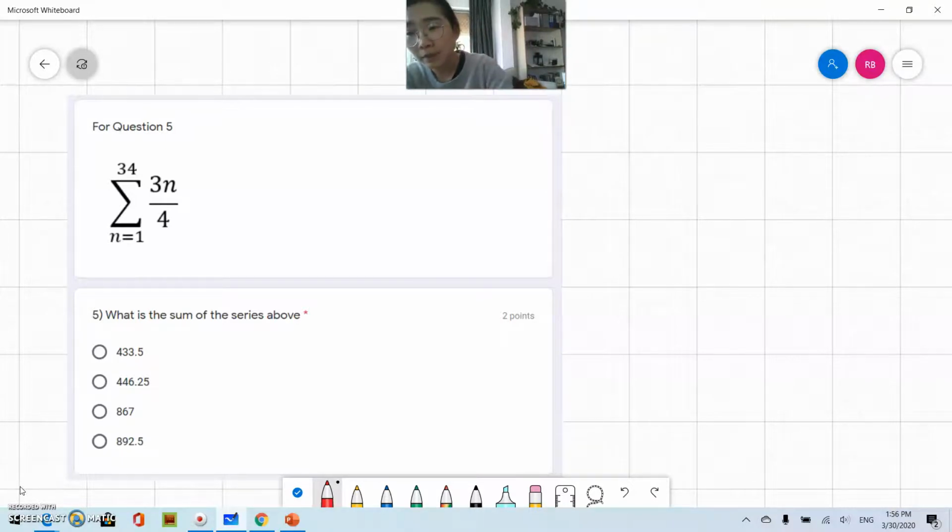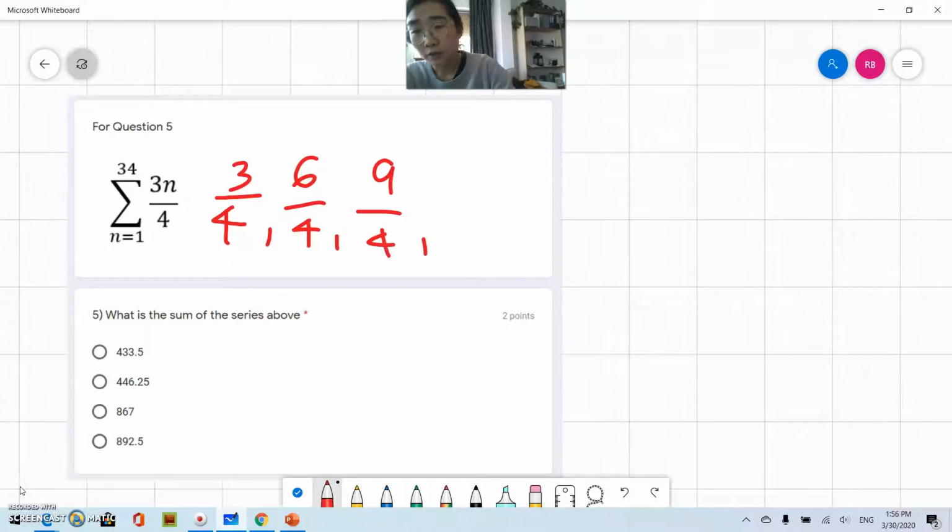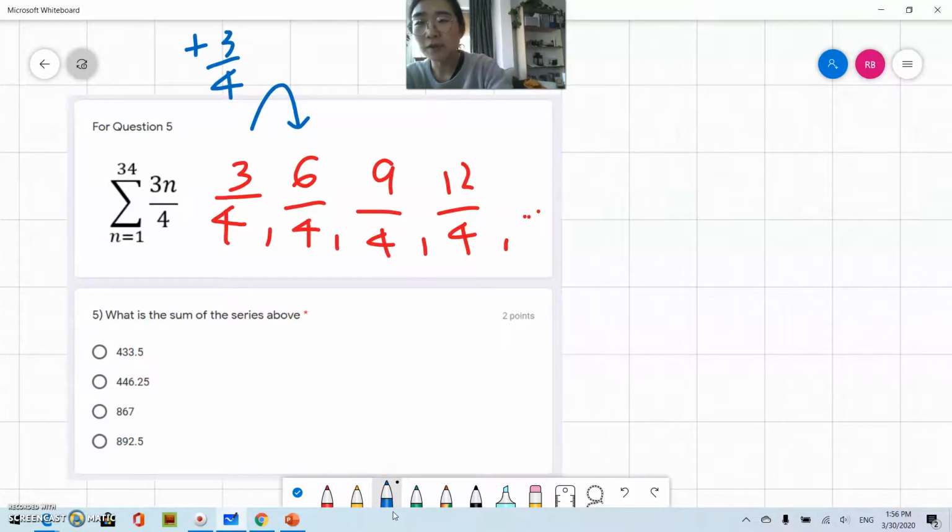So I'm going to plug in a couple n's to figure out if this is arithmetic or geometric or neither. If it's a case of neither, you actually have to plug in everything to get the series. So I probably didn't give you that, right? So you can see how I'm adding 3 over 4 to get the next term. It's a common difference. That means that this is an arithmetic series.